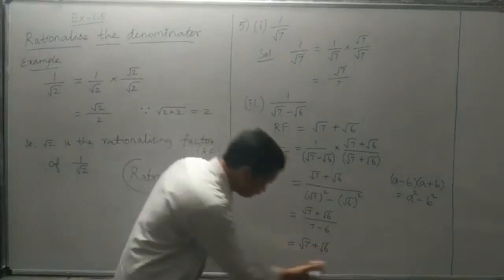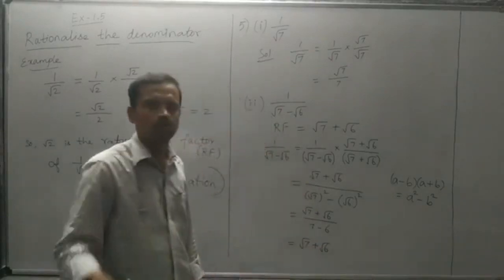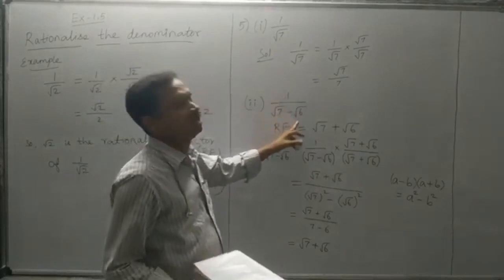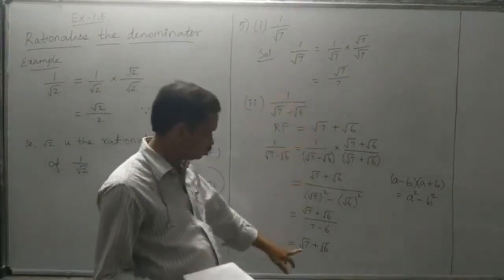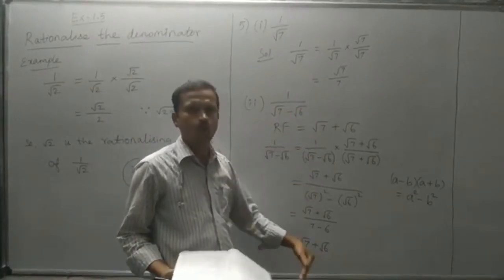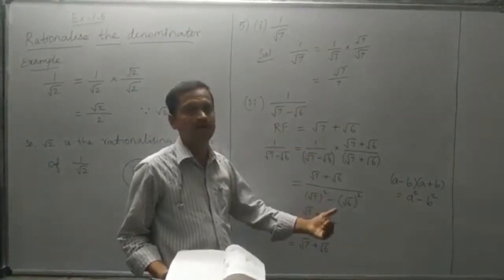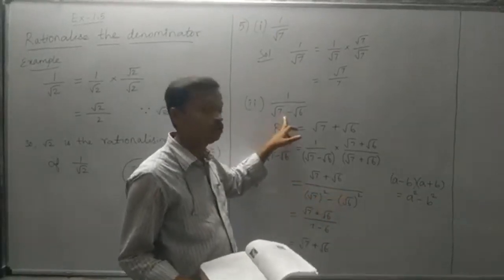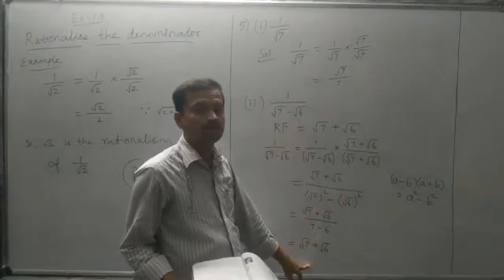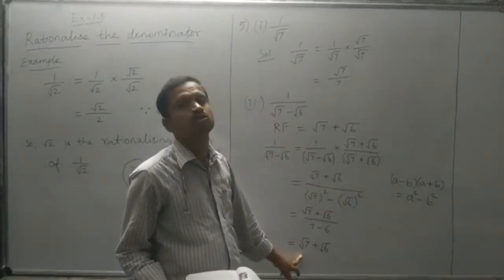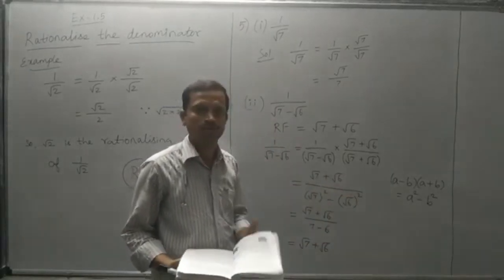So the given problem 1 by root 7 minus root 6 is equal to root 7 plus root 6, where the denominator is rationalized. Earlier the denominator was root 7 minus root 6, but here the denominator is 1. So the answer is root 7 plus root 6. This is the rationalized form.